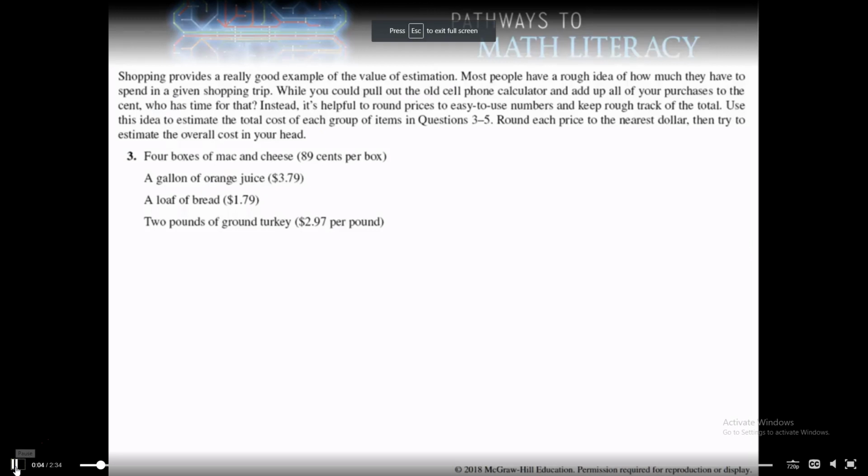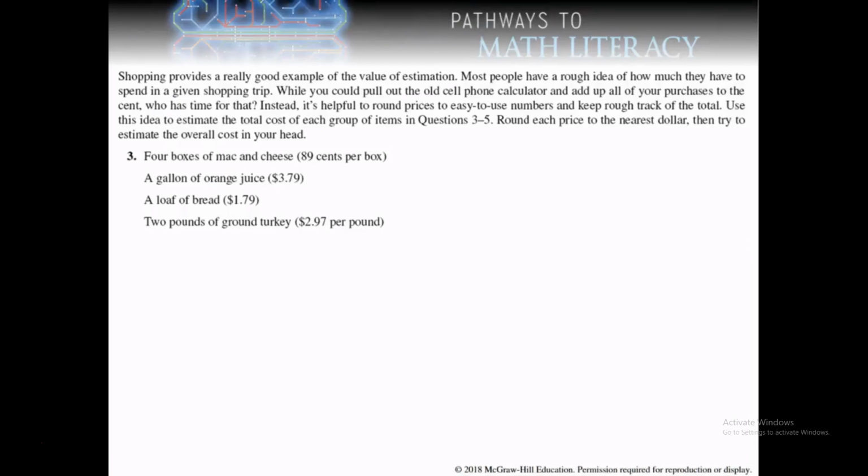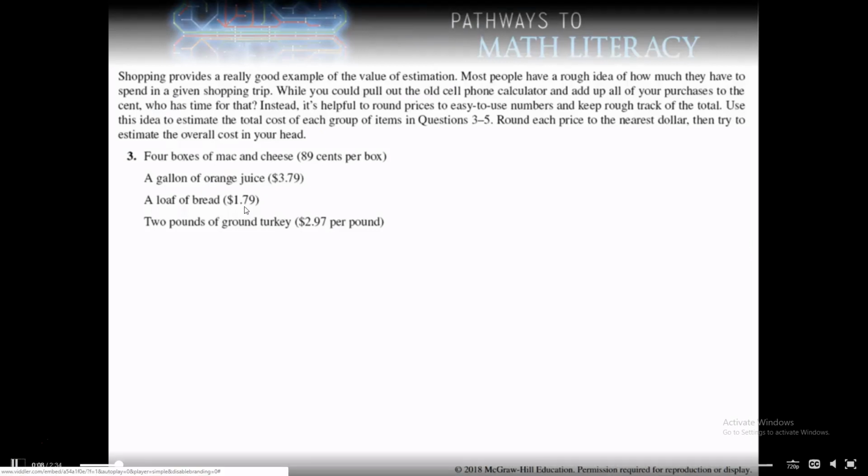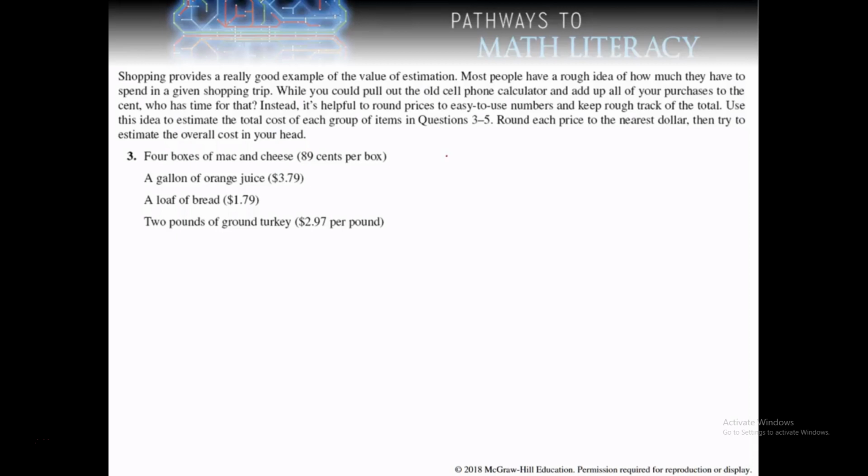Here we're estimating total costs by rounding each item to the nearest dollar. So in number 3, we have 4 boxes of mac and cheese at 89 cents a box. So we're going to do that as 4 boxes at $1 a piece. And so that's a total of $4 for the mac and cheese. Gallon of orange juice at $3.79.